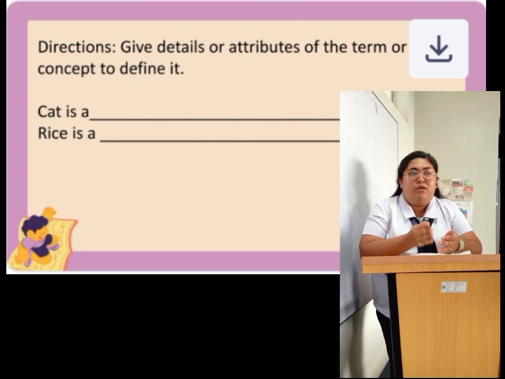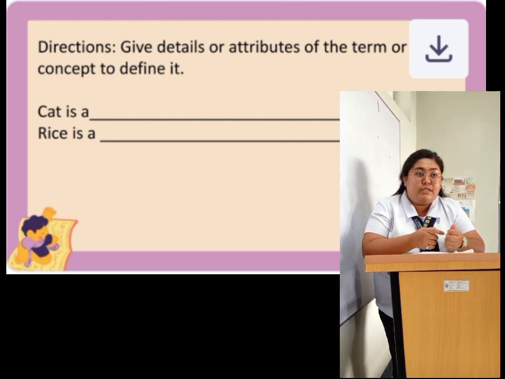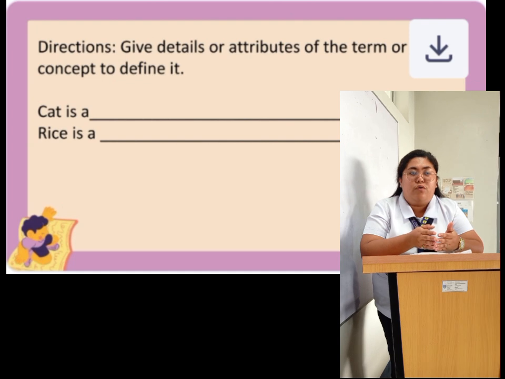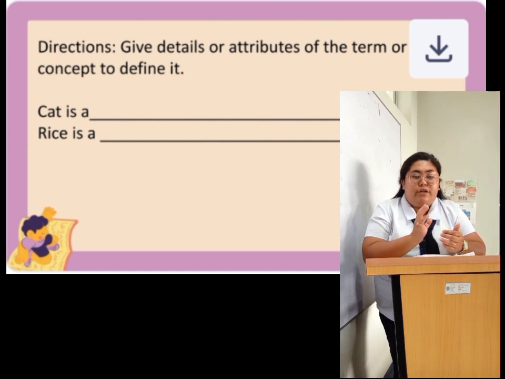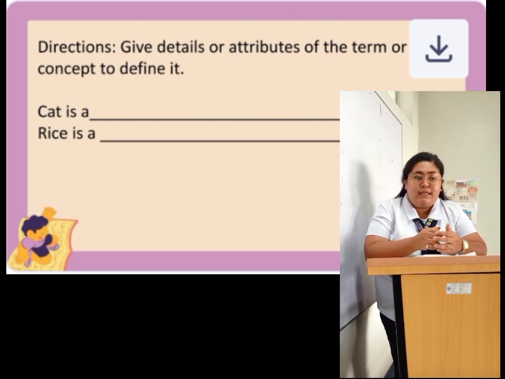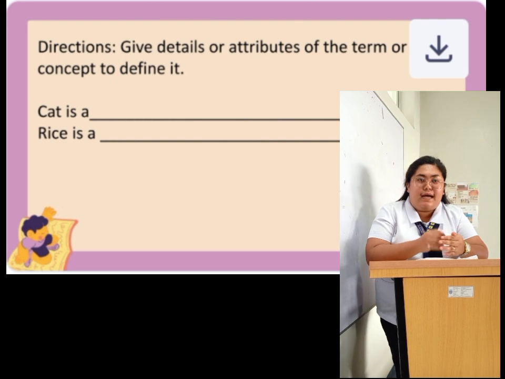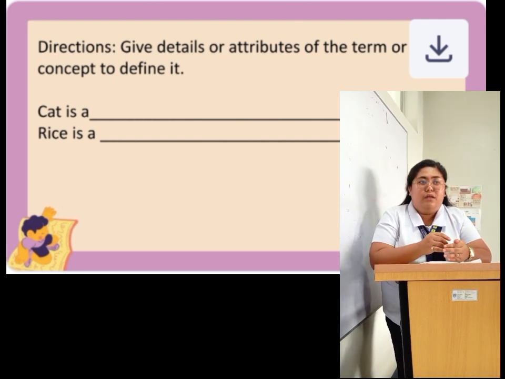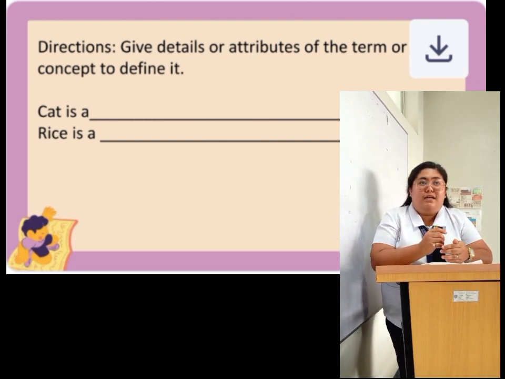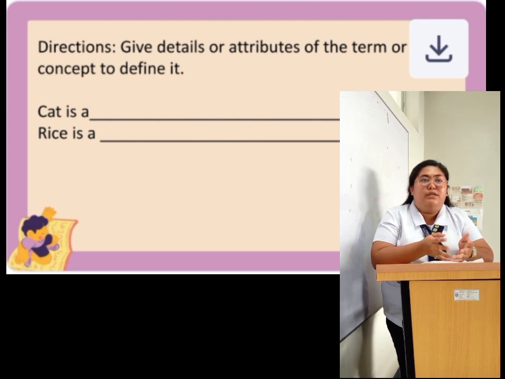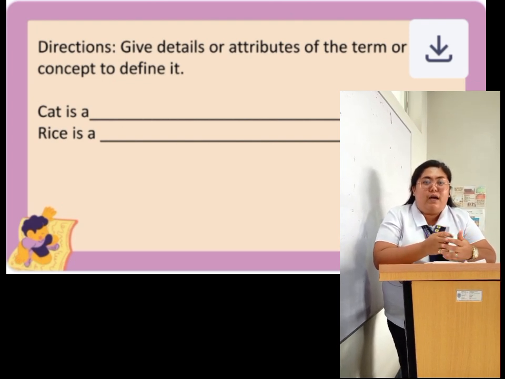For example, the first sentence is, "A cat is a blank." The learners will describe what a cat is. Then the next one is rice. Then they will also define what rice is.